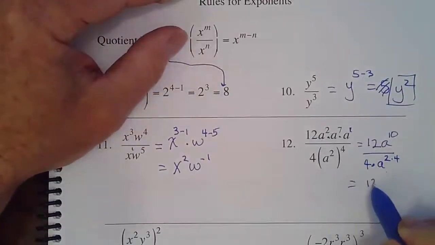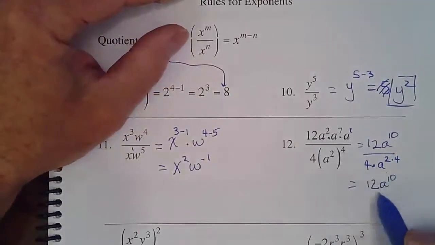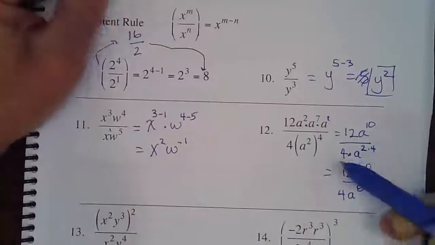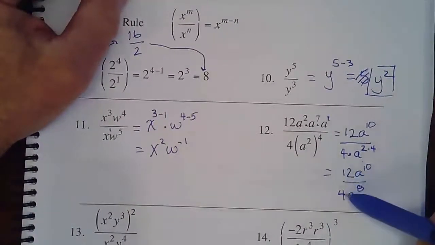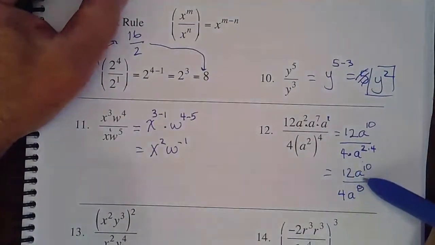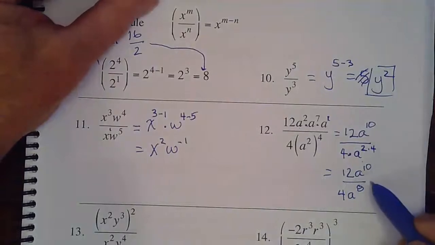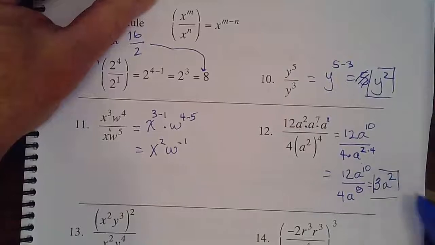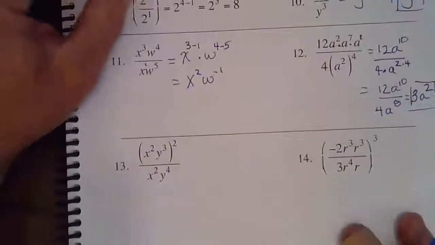Looks like you get 12a to the 10th over 4a to the 8th. Yes, you can reduce. 12 over 4 is 3. Subtract these exponents, and you'll get 3a to the second when you're done. 10 subtract 8 is 2.